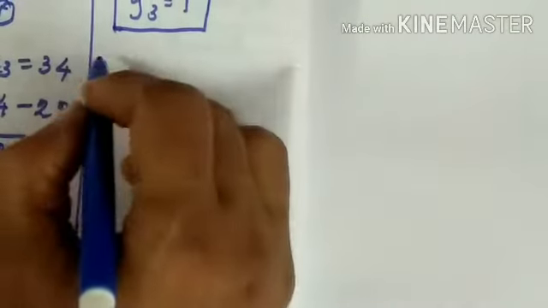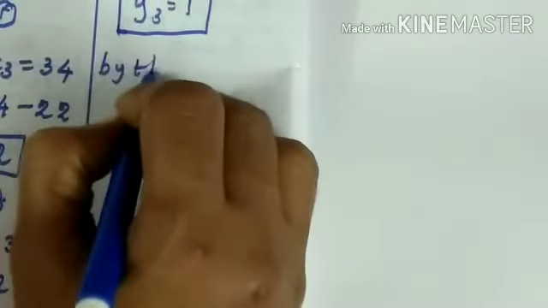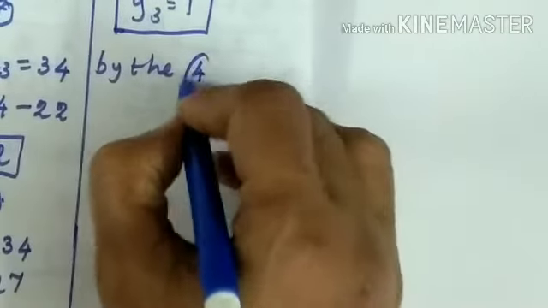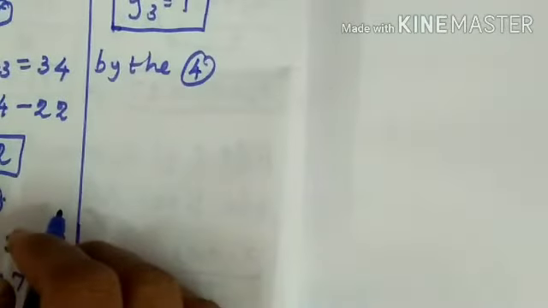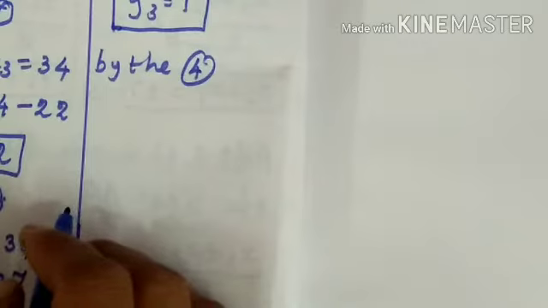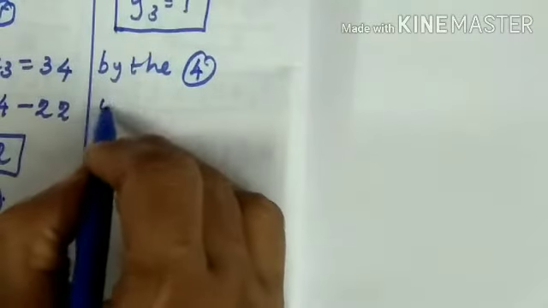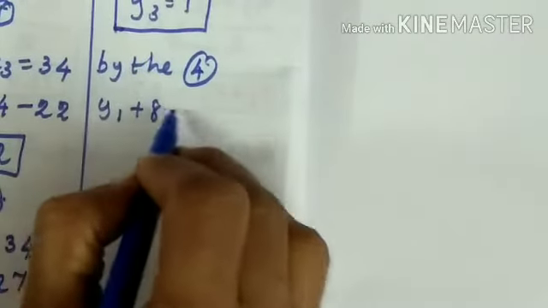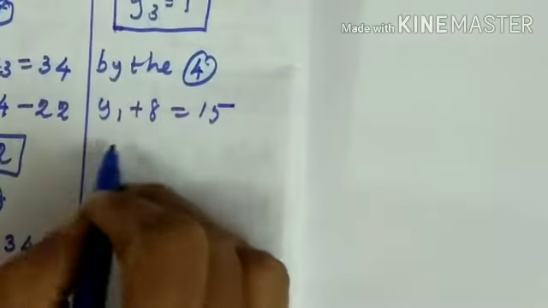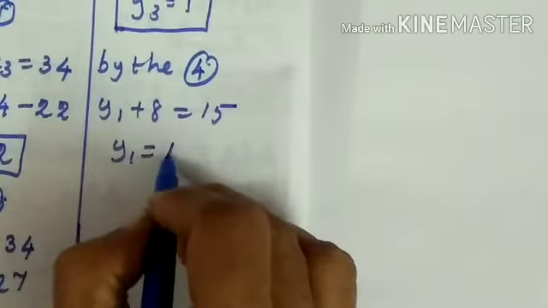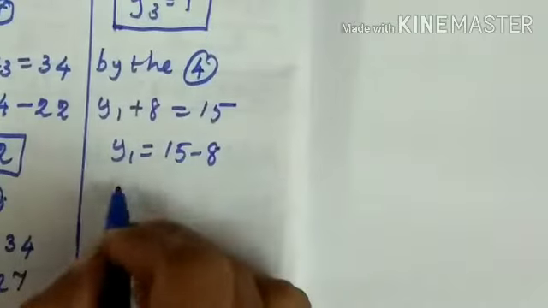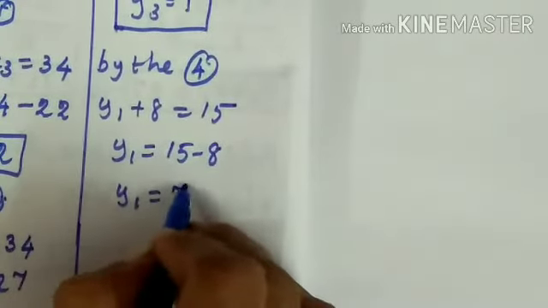The next step, by the fourth equation, we have y2 plus y3 equal to 8. Therefore, y1 plus 8 is equal to 15. Then y1 is equal to 15 minus 8. y1 is equal to 7.